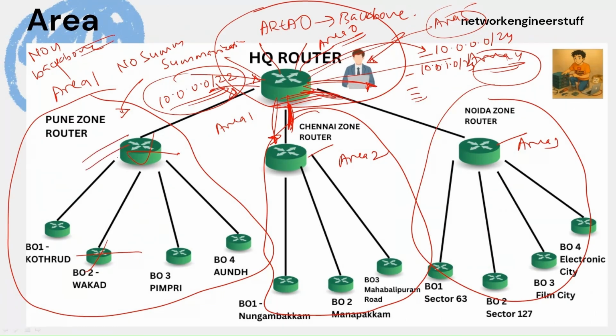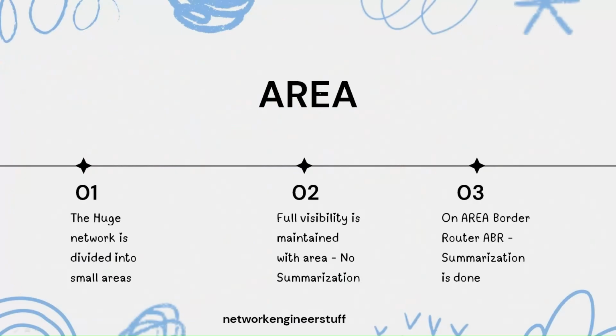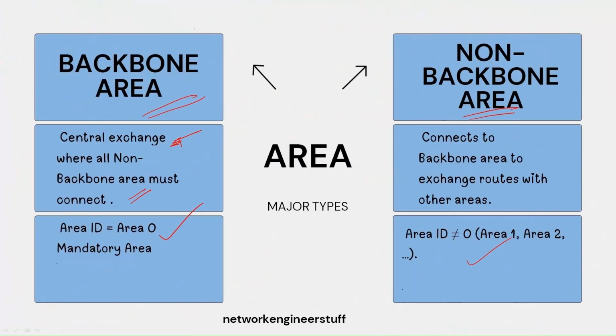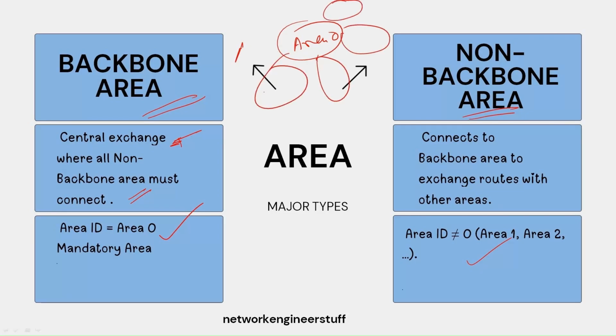So let's say if this particular area 1 wants to exchange some routes with area 2, it has to exchange through area 0. So the design will be like this. There will always be some area 0 and all the other areas will be connected to it: area 1, area 2, area 3 and so on.